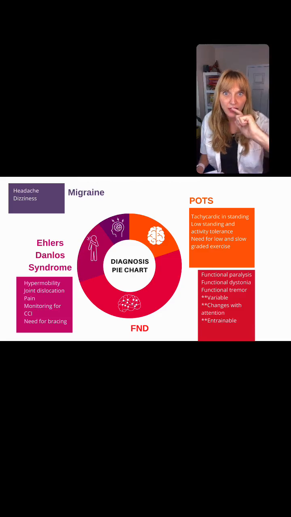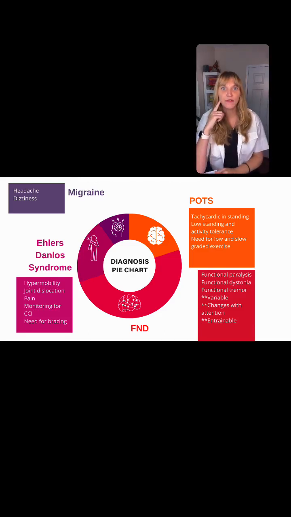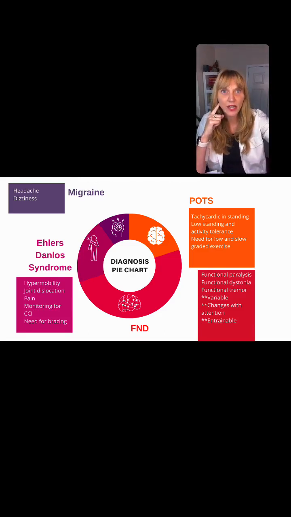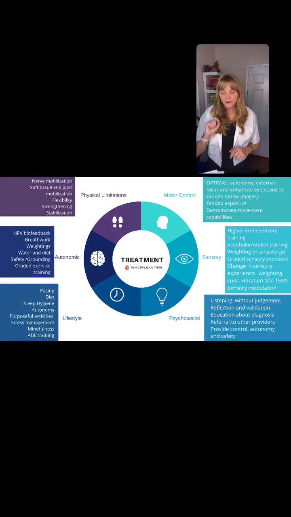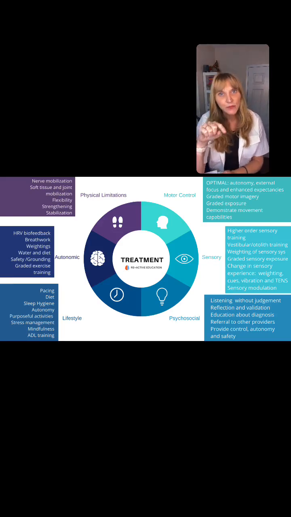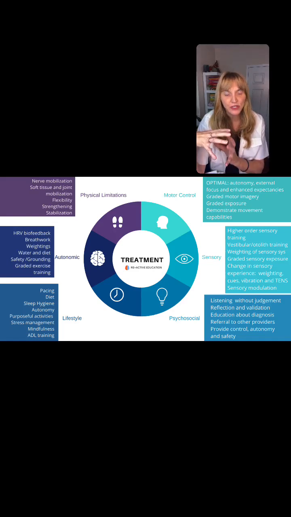Another great question here. What part of the pie chart would functional tics be under? Great question. When it comes to treatment, the treatment is based on the underlying issues.